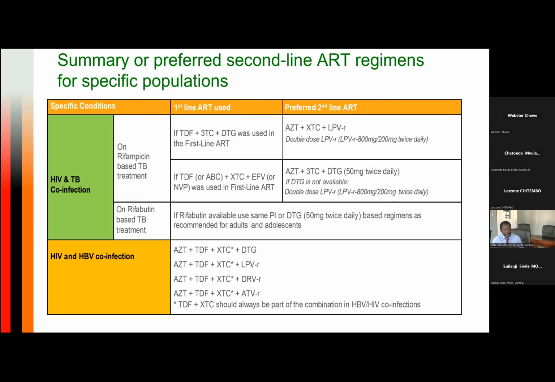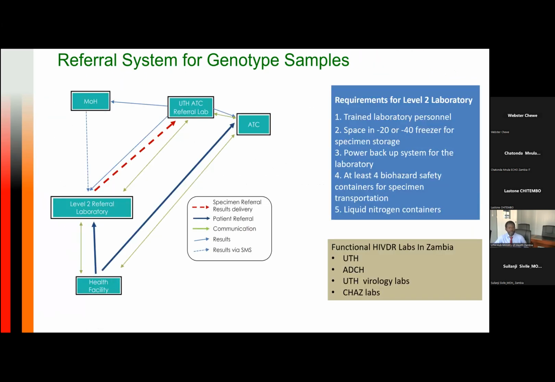It's something we started running last week, so I would encourage people to request it for patients that require HIV drug resistance testing. You can send samples to UTH Adult Center of Excellence Laboratory, or to the Pediatrics Center of Excellence Laboratory, or on the Copperbelt, you can send them to Arthur Davison's hospital. There's a laboratory there for HIV drug resistance testing. Whichever is easier for you to refer a sample to, please feel free to do that.